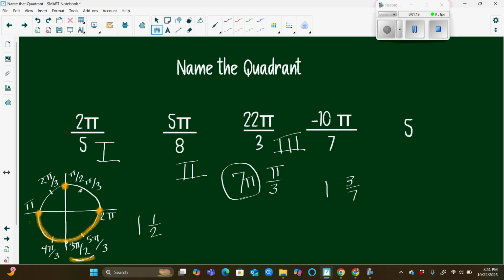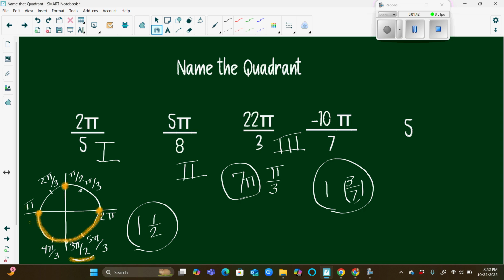So I'm asking myself the question, how does 1 and 3/7 compare to 1 and 1/2? Well, 3/7 is smaller than 1/2 because half of 7 is 3.5. So that tells me that 10 pi over 7 is going to be in the third quadrant.